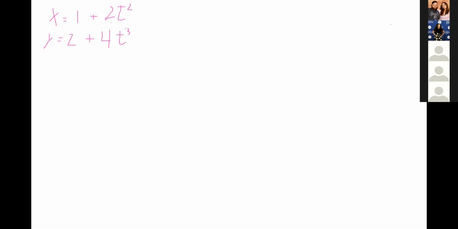Okay. I'm looking at my notes because I'm still not confident with parametrics, but to eliminate the t, we could solve for t, right? That is one method, yeah.